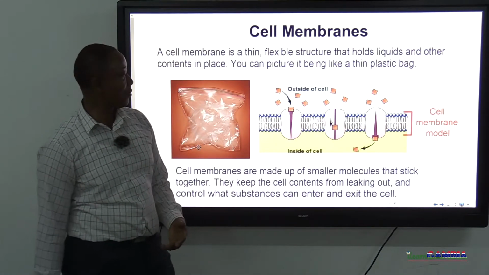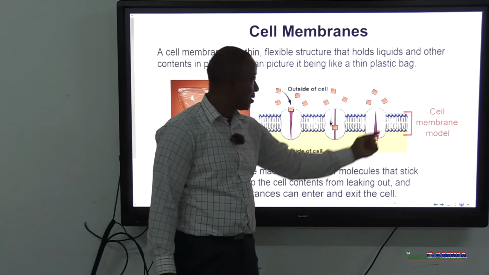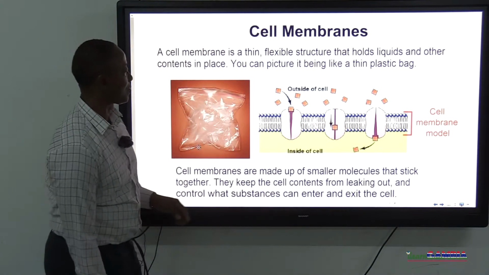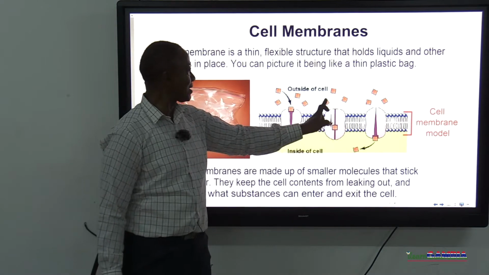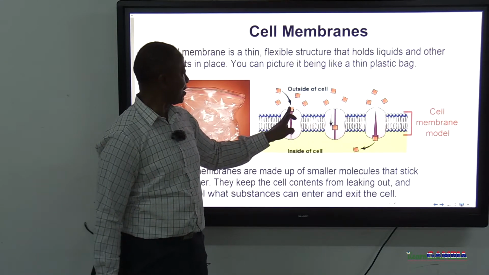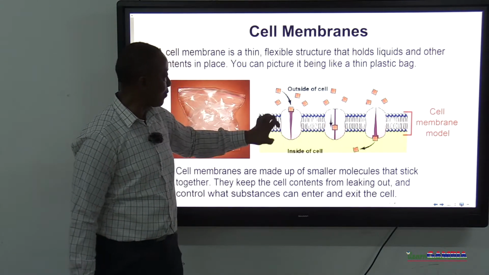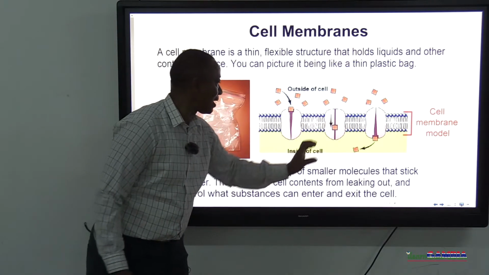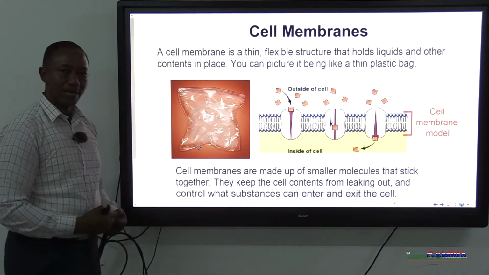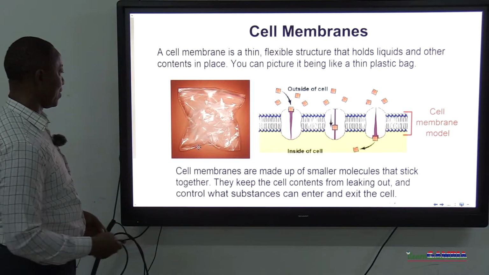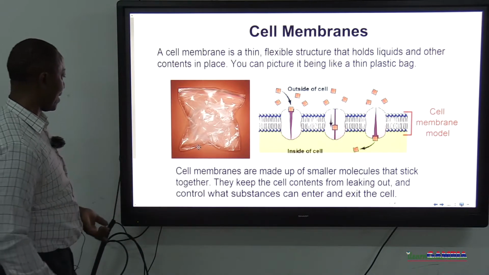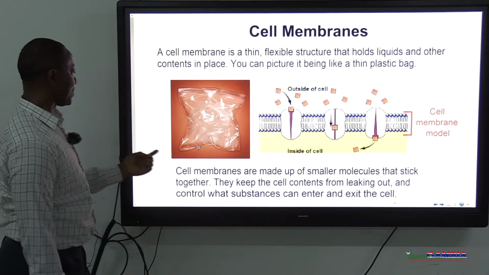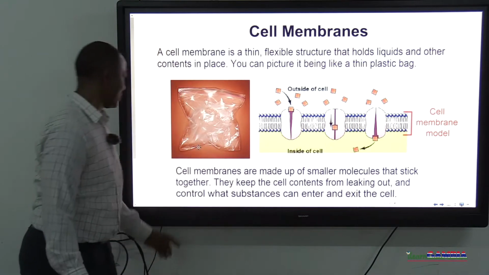In the same way, if something wants to go out, it will have to go through the same process. Ordinarily this cannot pass through, but because the membrane has these structures, it lets those things pass through, so that way it's able to control things coming in and out. We say it's made up of smaller molecules that stick together.